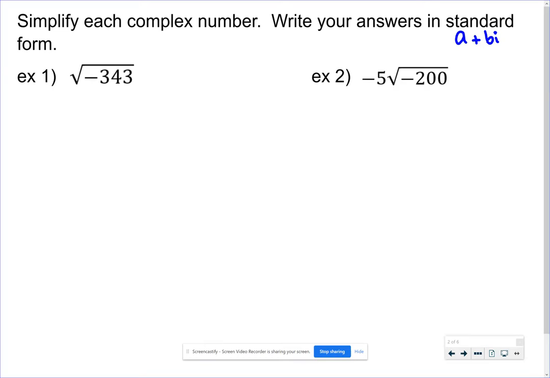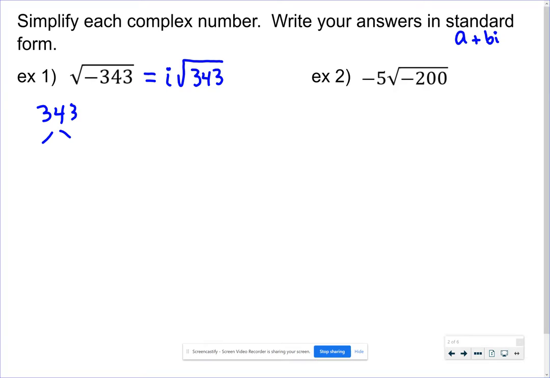Okay, so this one, example 1, square root of negative 343. First thing, a negative under the radical means we have an imaginary number. So i times the square root of 343, and then we're going to simplify that radical. All right, 343. It is not even, so I can't divide it by 2.